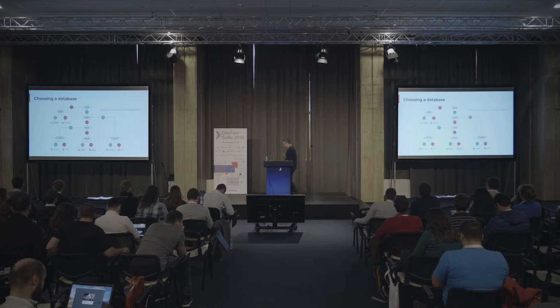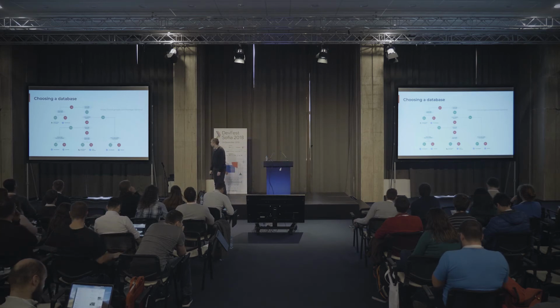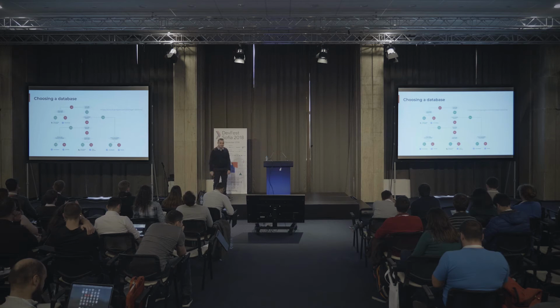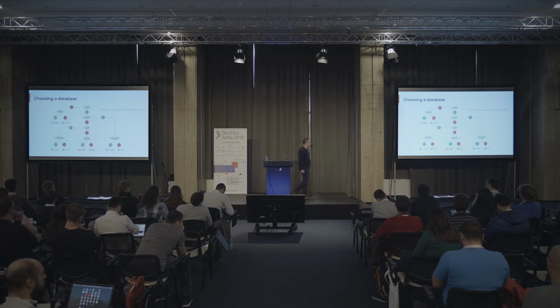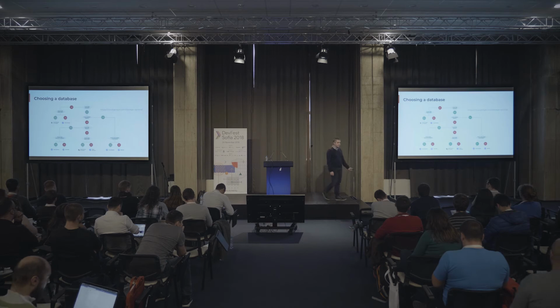Well, we need to choose a database. There is a pretty good tool, which is called Storage Options. I know that this is not really visible, so I gave you a link, where you can follow some paths and answer some questions and see what you should really use. In our case, it was very simple. Is our data relational?